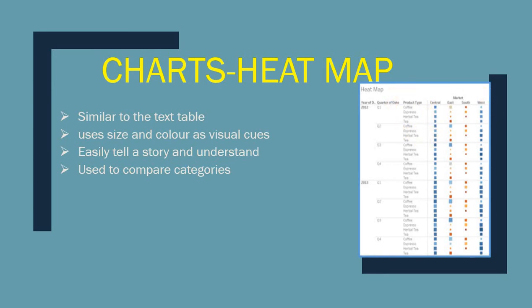So maybe the deep blue ones are the large numbers and the small blue ones are small numbers, or it could be reversed, because we can reverse it. And maybe the red ones are a different category from the blue ones. So we can represent that data that way easily. We can easily tell a story using this, and we can compare different categories like we can see here. This is mostly used as well.